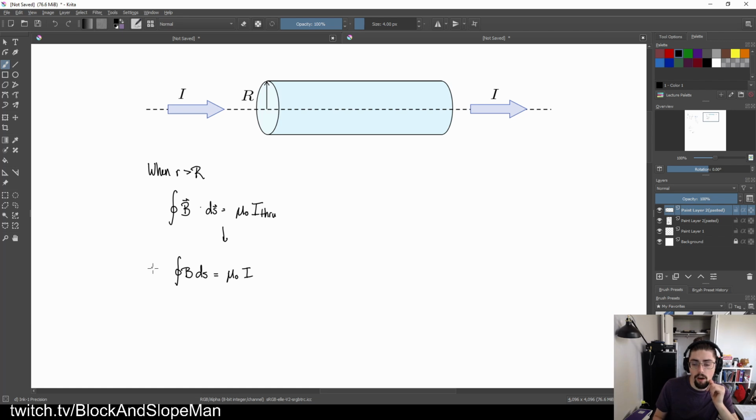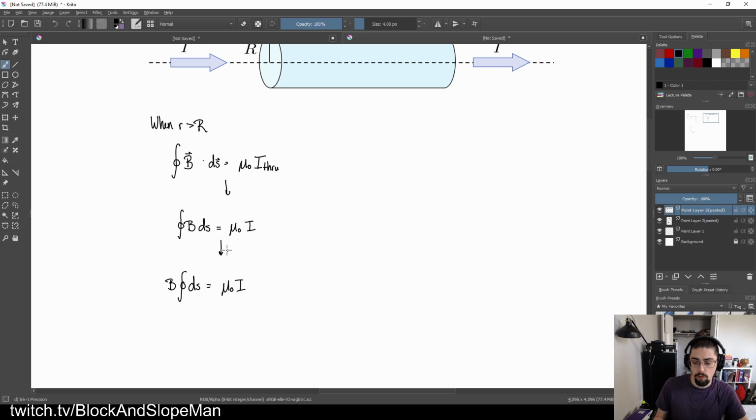Well, now I know that because, again, I'm going around and it's symmetrical and all that good stuff, B is a constant. So it can be pulled outside of the integral. I'm left with ds around a closed loop or a circle times mu naught times I. Then we can say, okay, well, it's just the path around a circle. That's 2 pi r long.